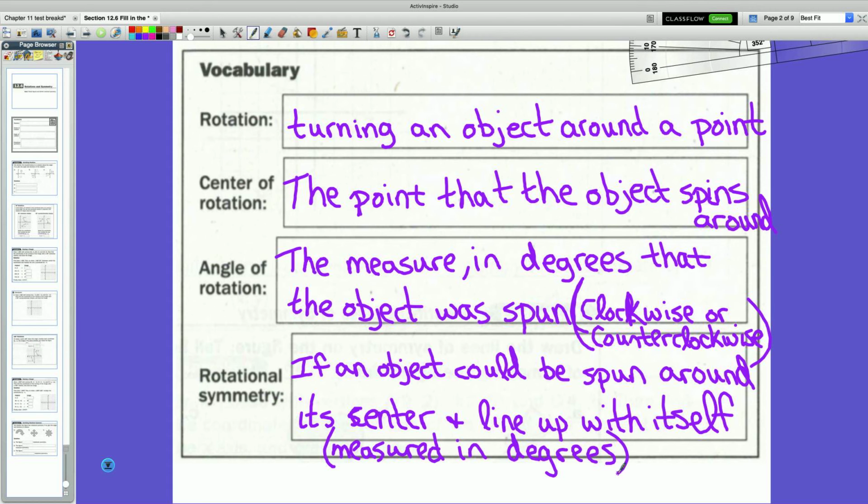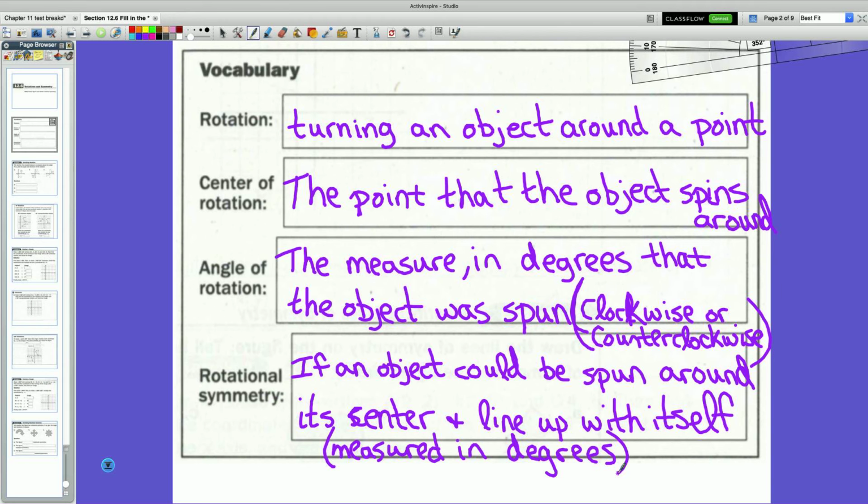Okay? And that's why you might see my protractor hanging out way up top there, because we're going to need that today to decide what some angle measurements are. So we will use that here in a minute. All right? Objects that normally have rotational symmetry, if you think about a perfect star, right? You can spin that a certain number of degrees and it would line up with itself.